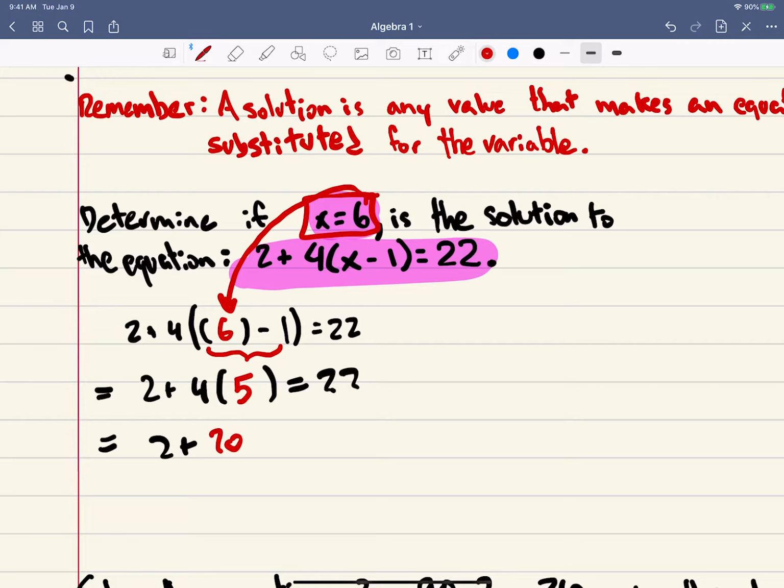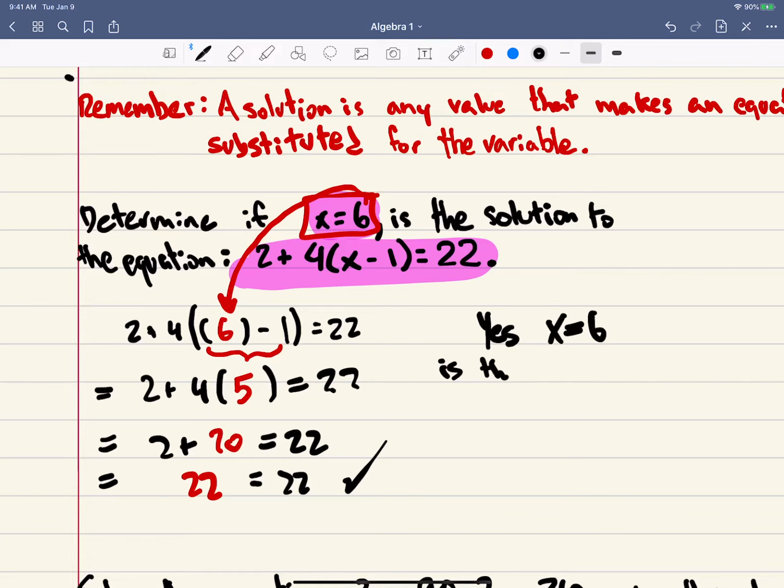That's 20. And what's 2 plus 20? 22. Because this ends up being true, we say yes, x equal to 6 is the solution to the equation.